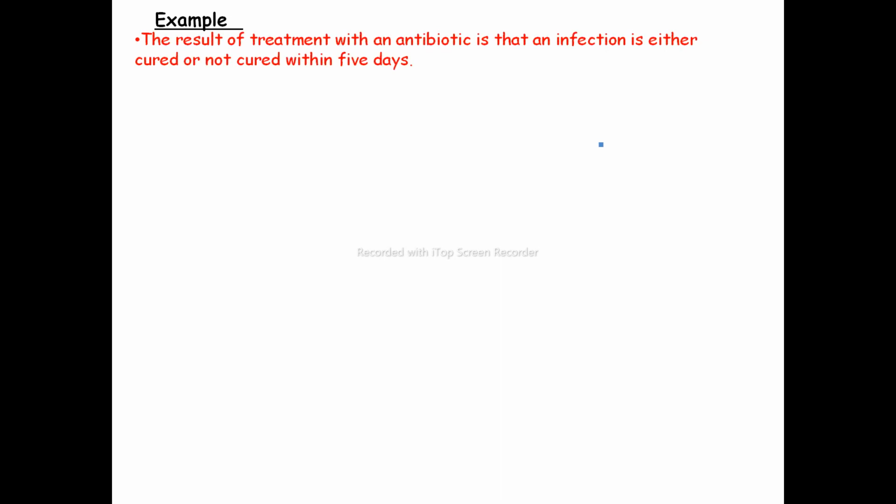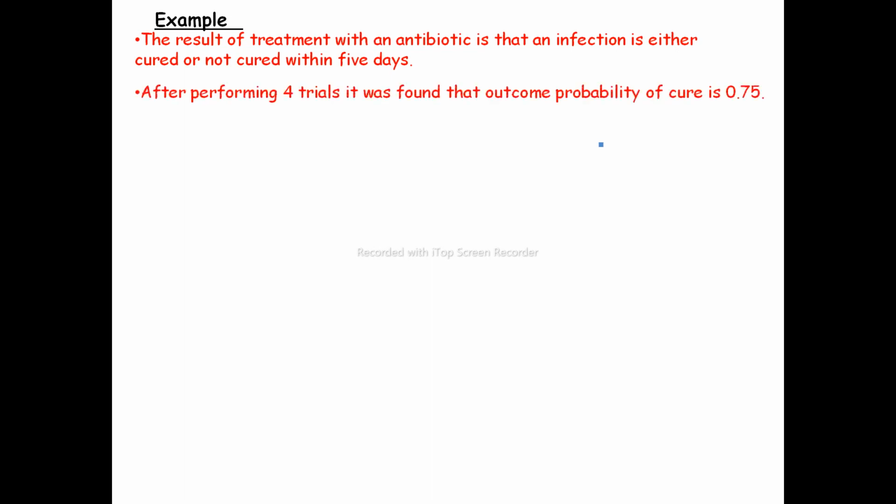The result of treatment with an antibiotic is that an infection is either cured or not cured within 5 days. Right in the first line you know that we need to use the binomial equation, because we have just two options, cure or no cure. After performing 4 trials, it was found that the outcome probability of cure is 0.75.